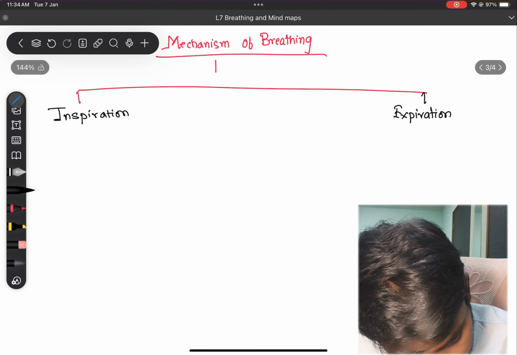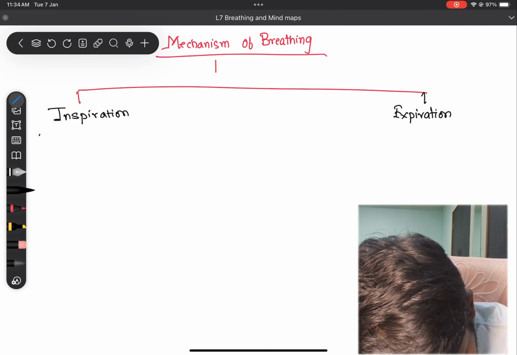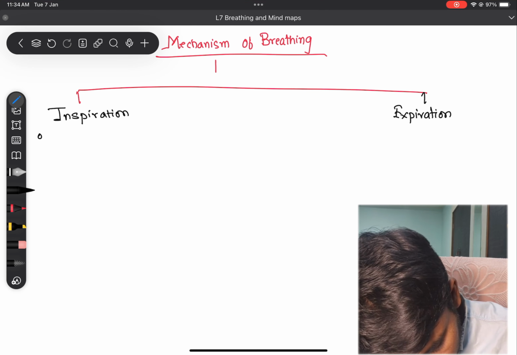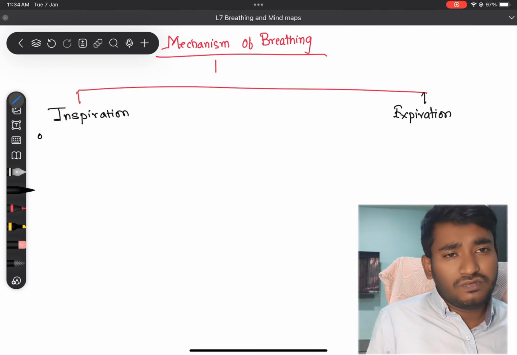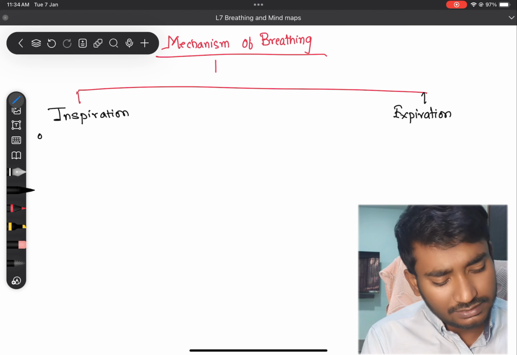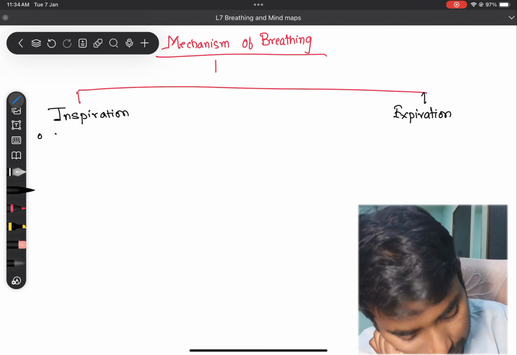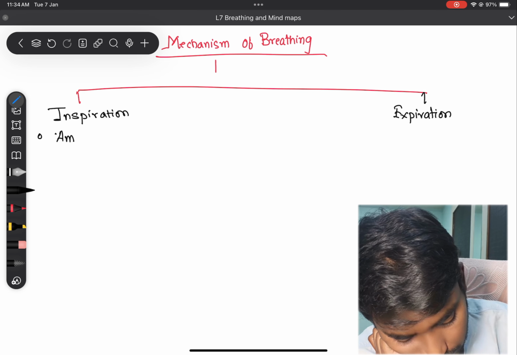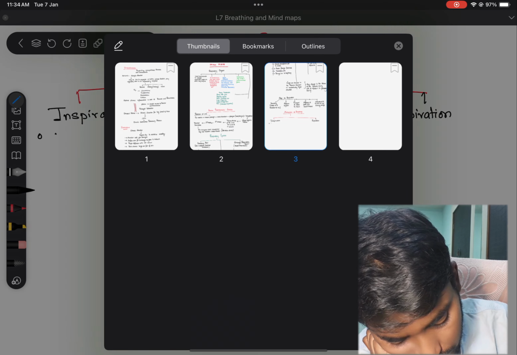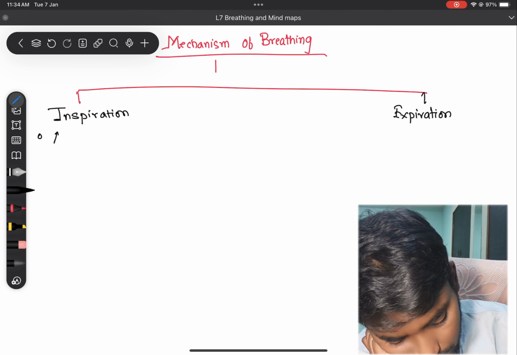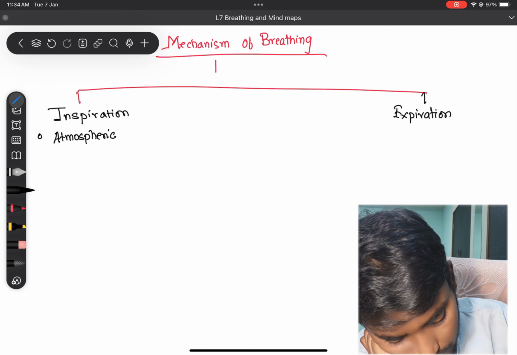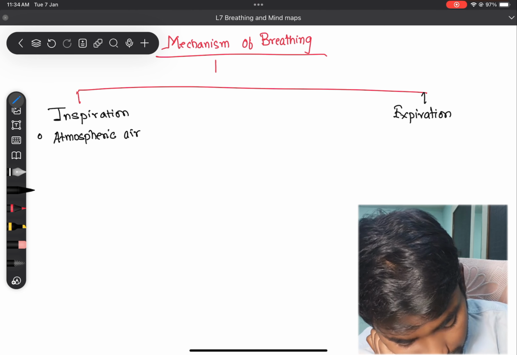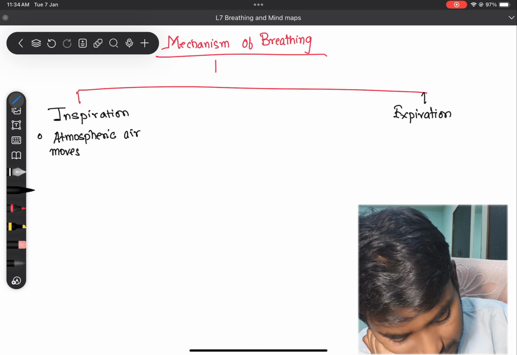What happens in inspiration? The atmospheric air moves inside the lungs.